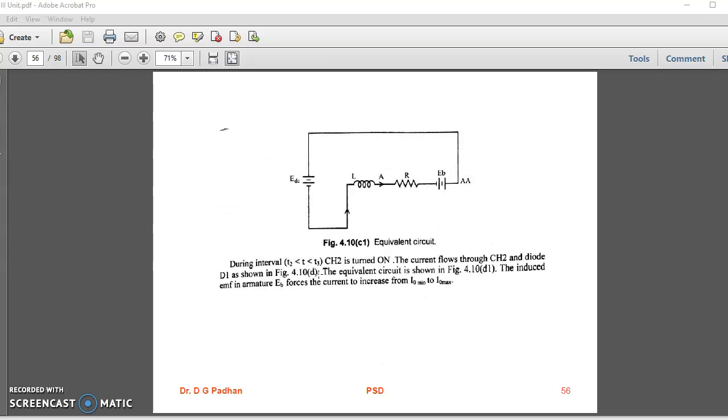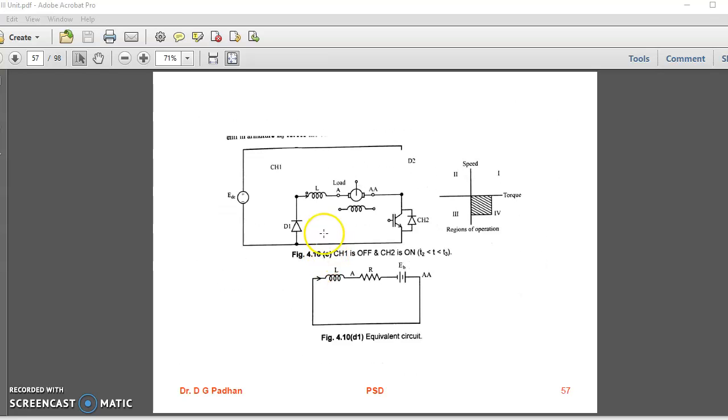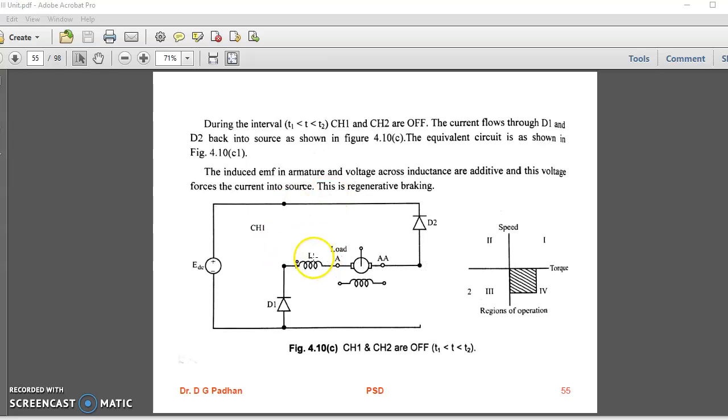You can see in this figure. When D1 and D2 are conducting, the current direction is like this, which means energy is fed back to the source.